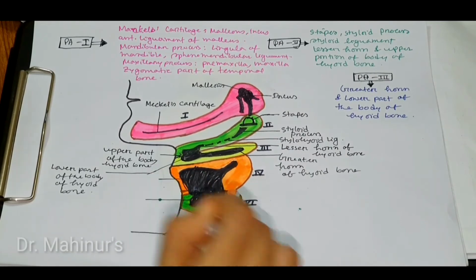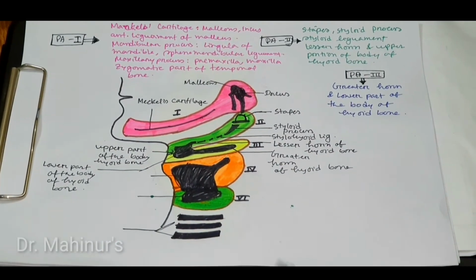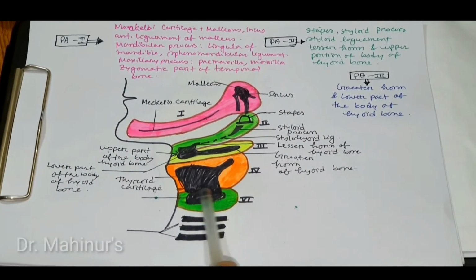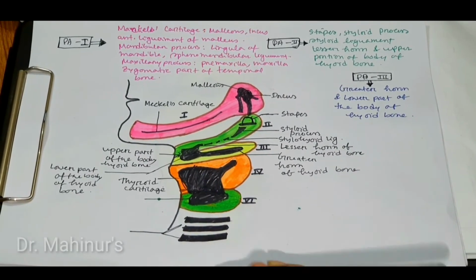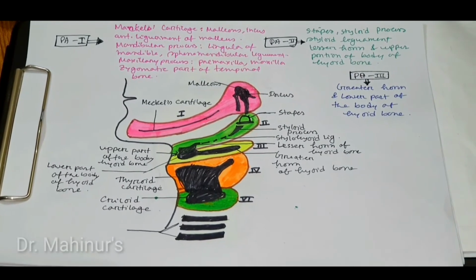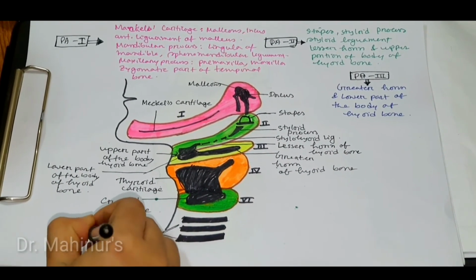Now fourth and sixth pharyngeal arch. Cartilaginous components of the fourth and sixth pharyngeal arch fuse to form the thyroid, cricoid, arytenoid, corniculate and cuneiform cartilages of the larynx.